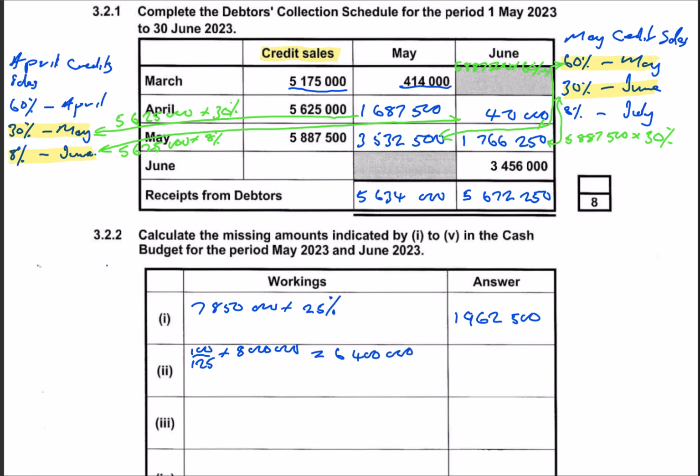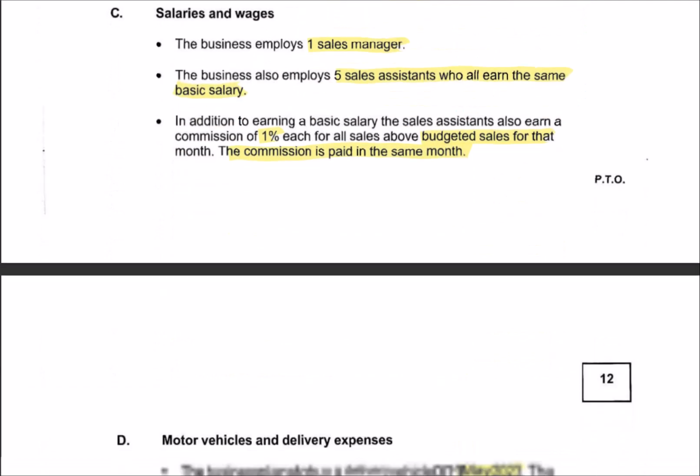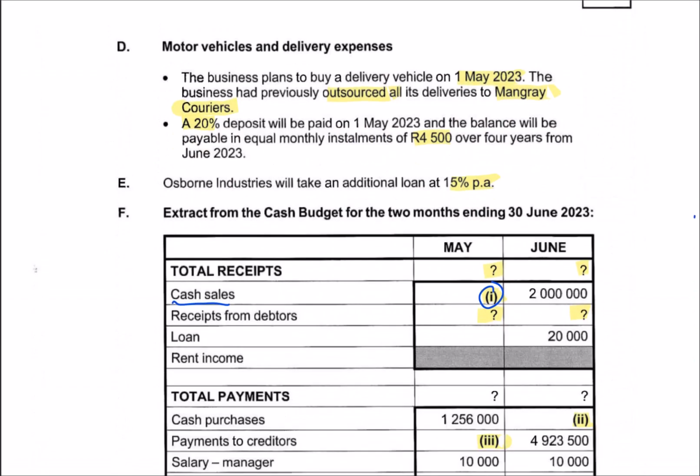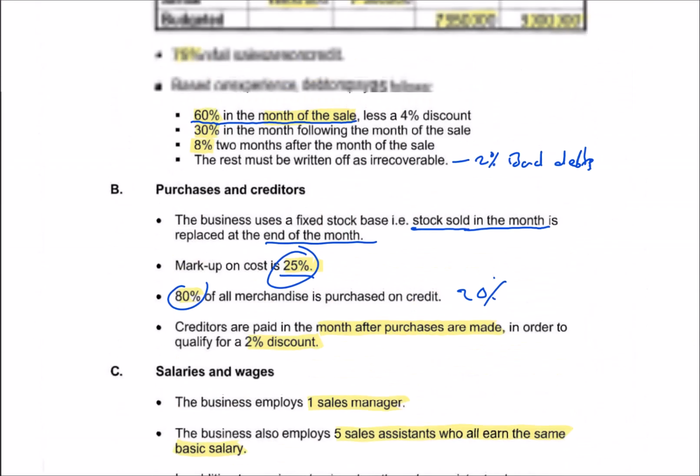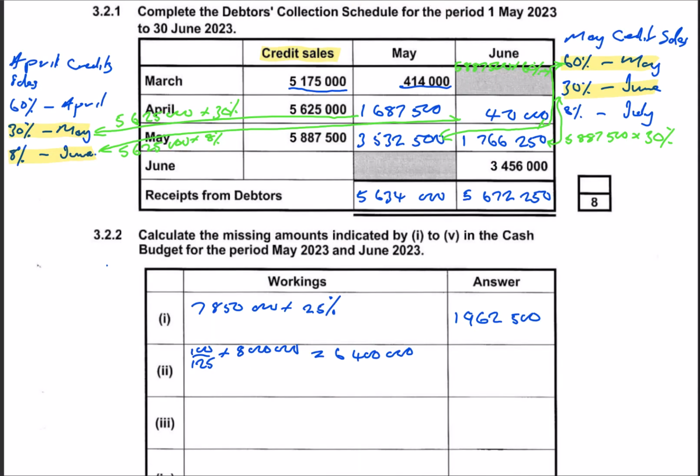Of the 6,400,000, we need to replace at the end of June, because everything was sold in June. At the end of June, you need to replace stock worth 6,400,000. In that 6,400,000, 80% is on credit. That means 20% is on cash. So we need to calculate the cash purchases, which should be 20% of the 6,400,000.